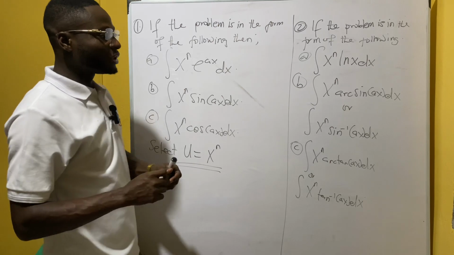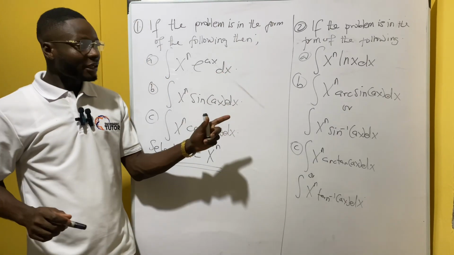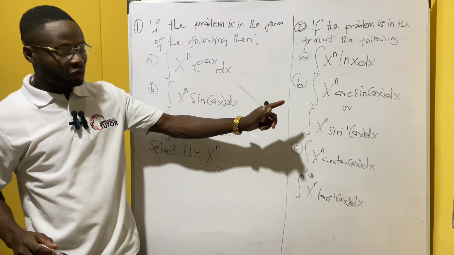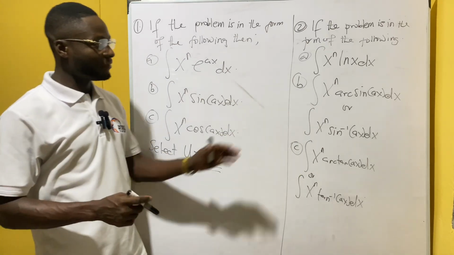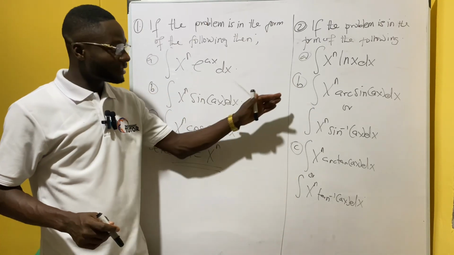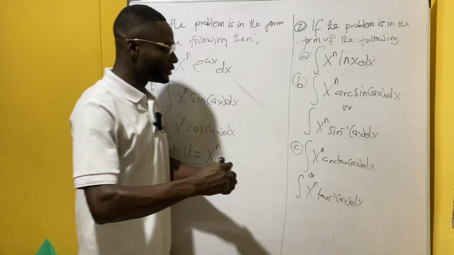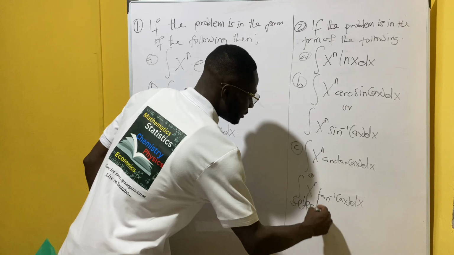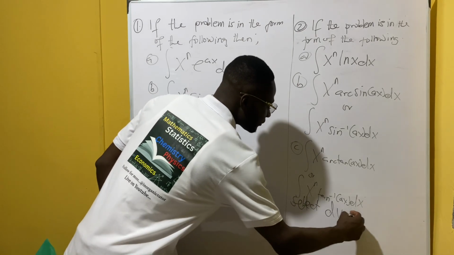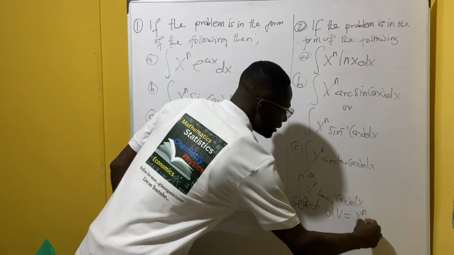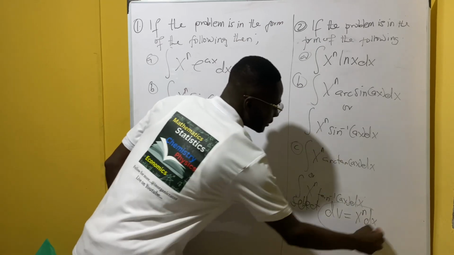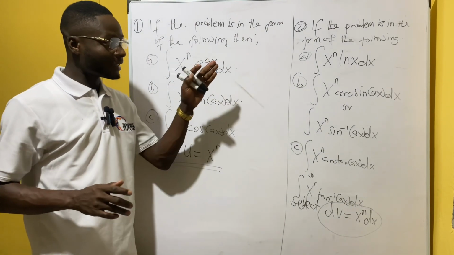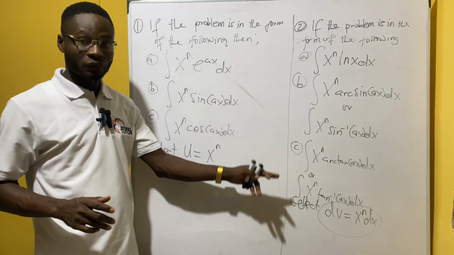Then you select your dv as x power n dx. This is the second set of rules.